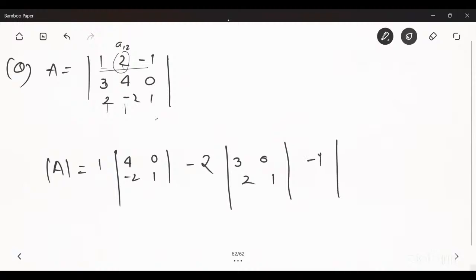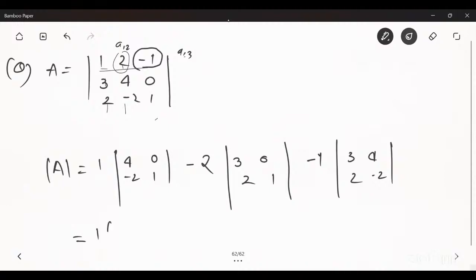The last one is minus 1, and the position of minus 1 is A13. So 1 plus 3 is 4, minus 1 to the power 4 is plus. Okay, that's why the plus sign came, but here the element itself is minus, so I will take the minus sign. So 3, 4, 2, minus 2. Now I'm doing the cross multiply.